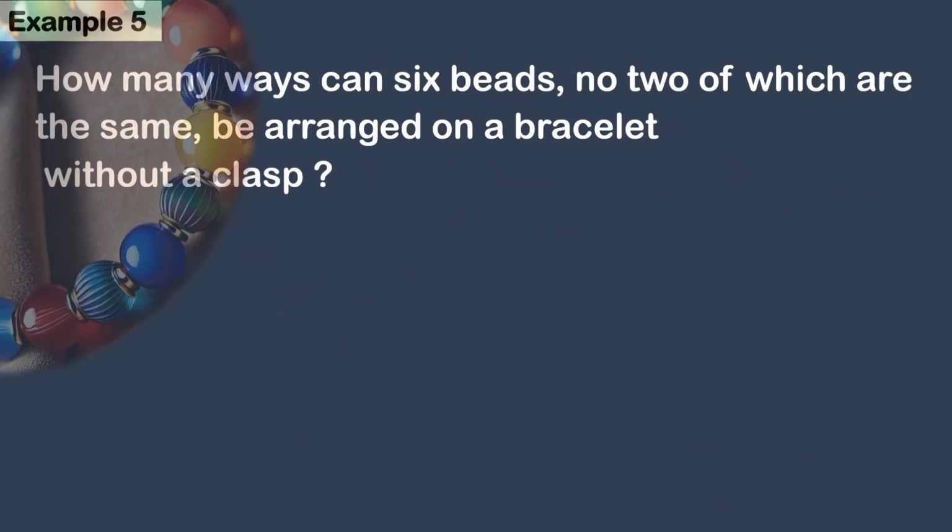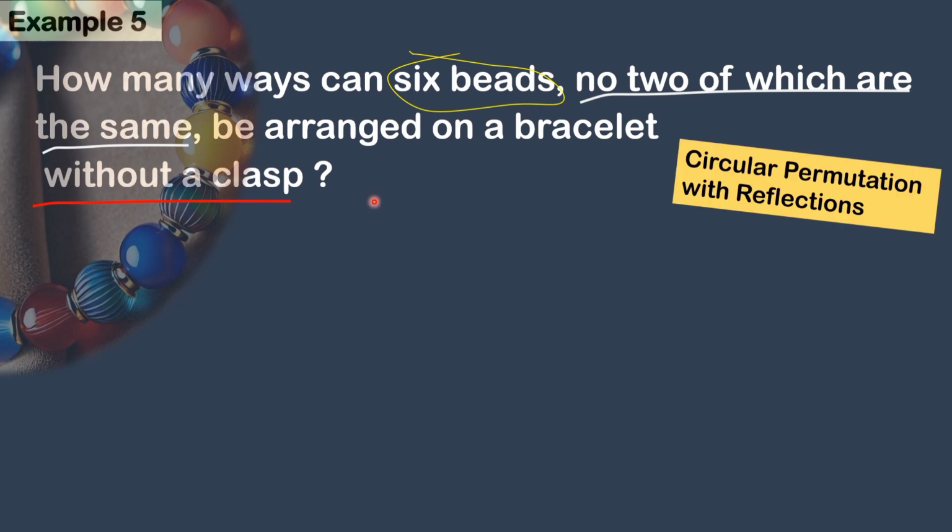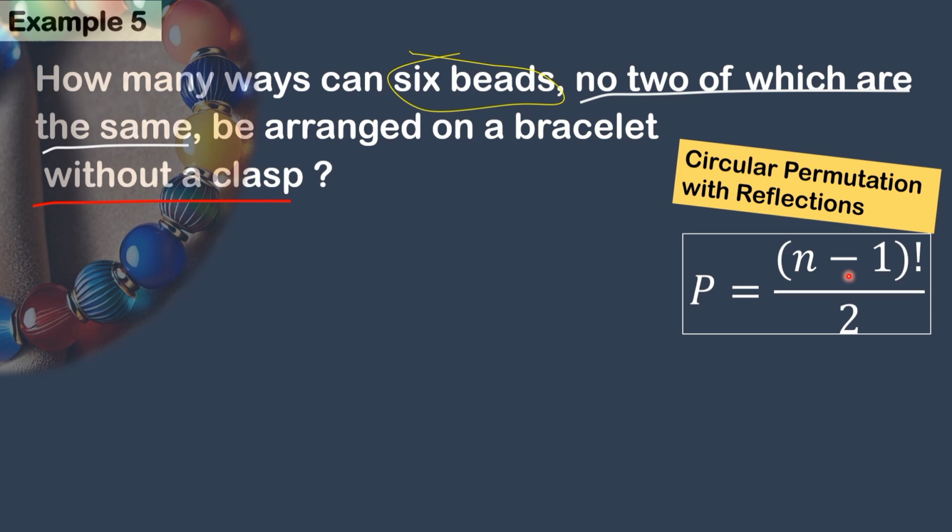Example 5. How many ways can 6 beads, no 2 of which are the same, be arranged on a bracelet without a clasp? This is similar to example 4. When arranging beads in a circular manner without a clasp, rotations and reflections create the same arrangement.